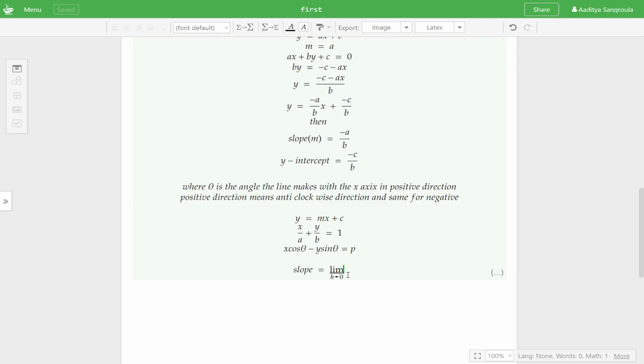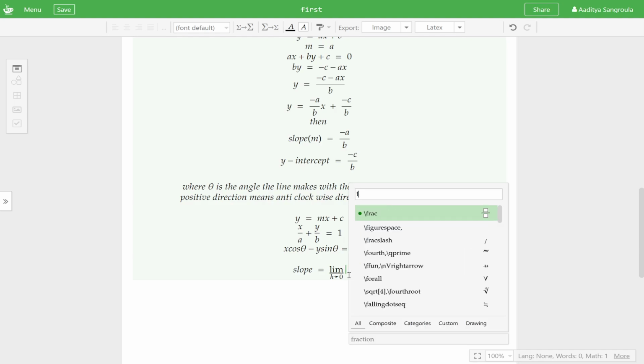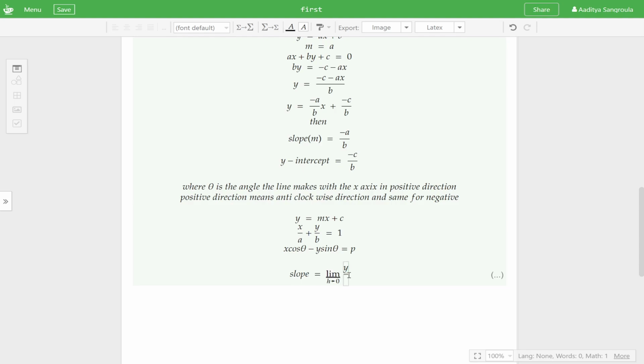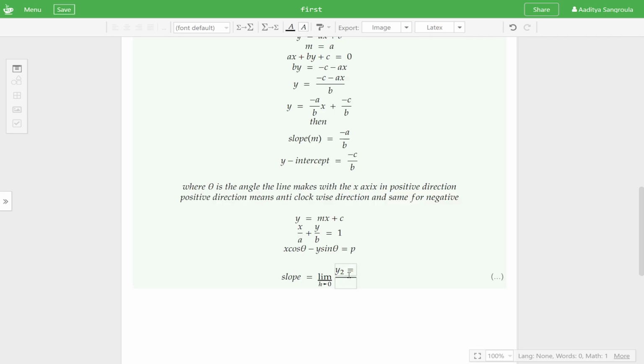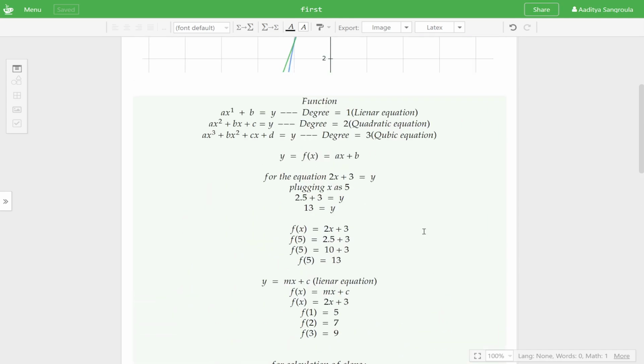Let's not even call it a function, whatever we are looking at is also going to be the same formula for slope. So the limit as h approaches 0 of y2 minus y1 divided by x2 minus x1, right? y2 minus y1 over x2 minus x1.